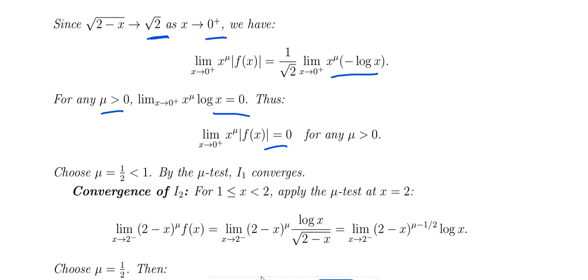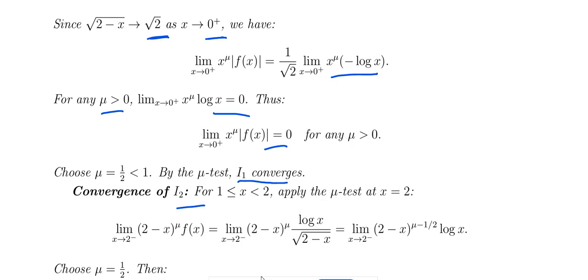Mu equal to 1 by 2 less than 1 இருந்ததுன்னா by the mu test, choose mu equal to 1 by 2 less than 1, the first integral converges இல்லையா. Okay, ஏன்னா 0 to 1 by 2 choose பண்ணுங்க, that is 0 to 1 okay.